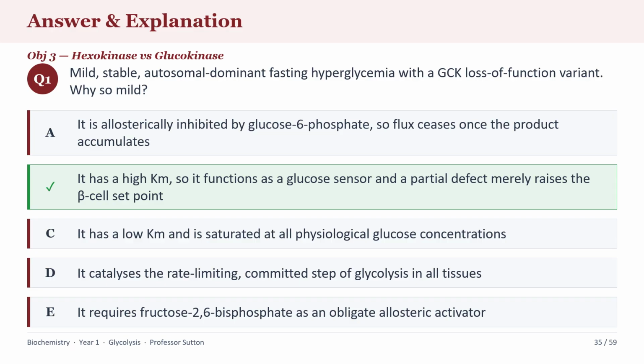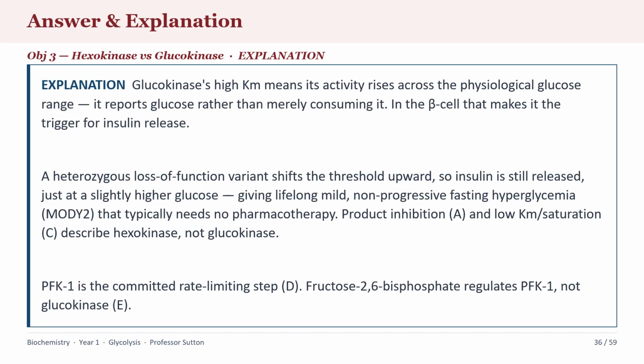The answer is B. It has a high Km, so it functions as a glucose sensor, and a partial defect merely raises the beta cell's set point. The reasoning: because glucokinase reports glucose rather than simply consuming it, losing one functional copy shifts the reporting threshold upwards.